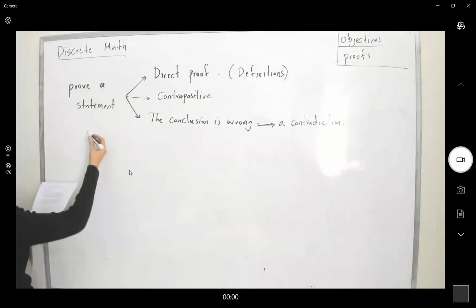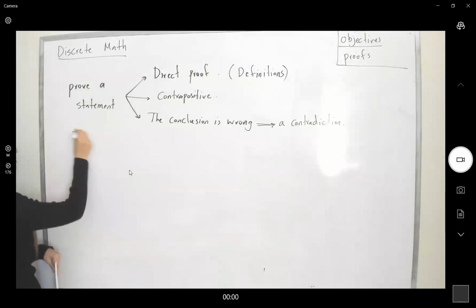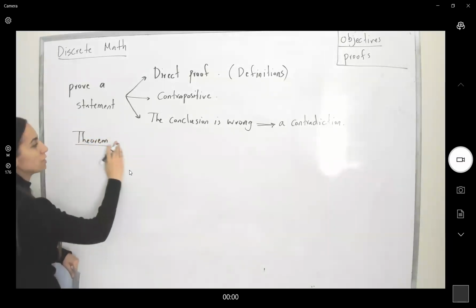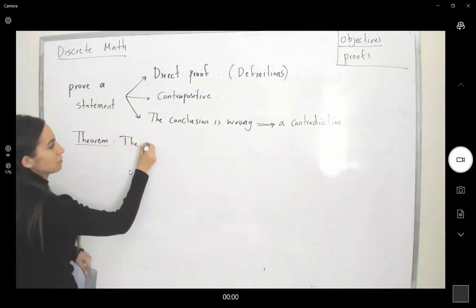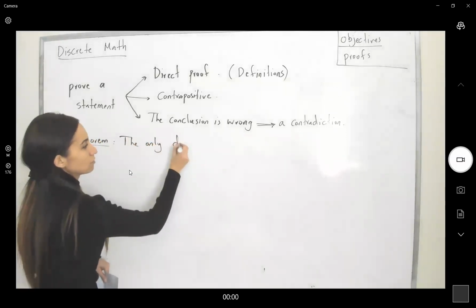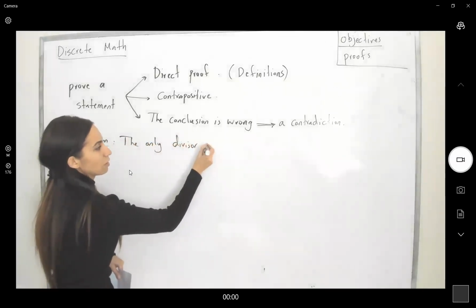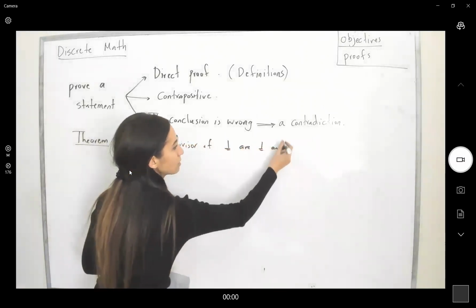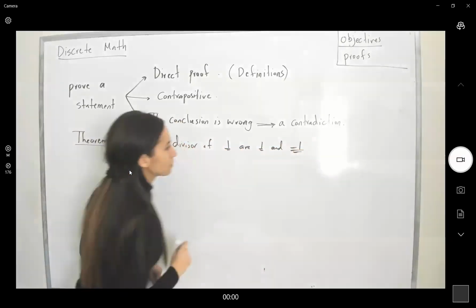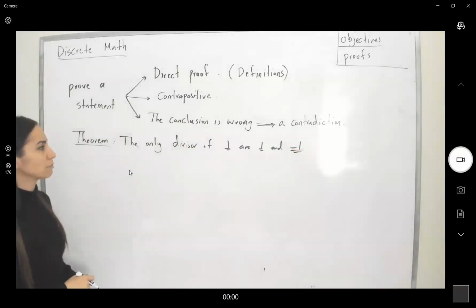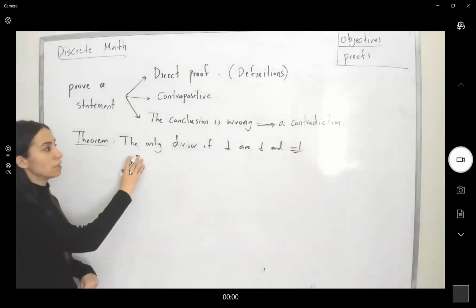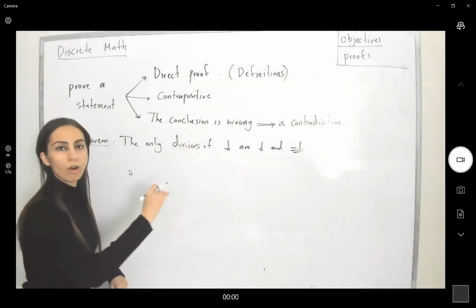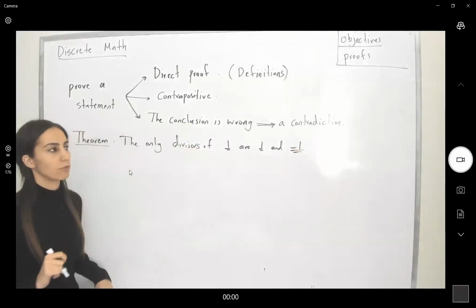So this theorem says the only divisors of 1 are 1 and negative 1. Okay, so we have a statement. It says the only divisors of number 1 are 1 and negative 1.